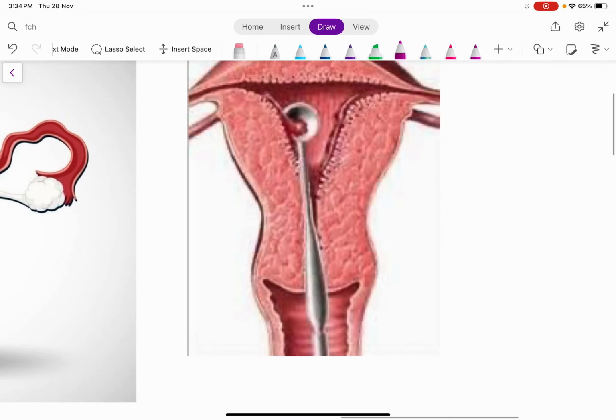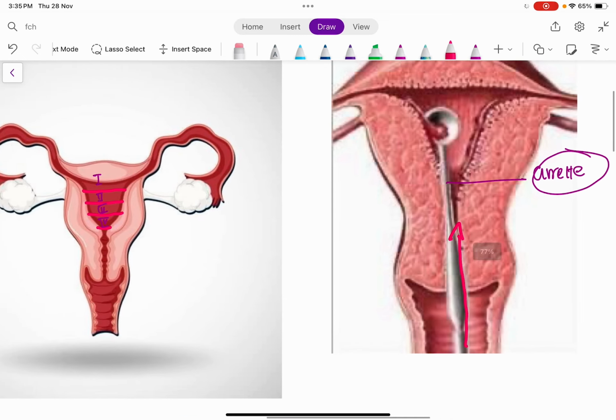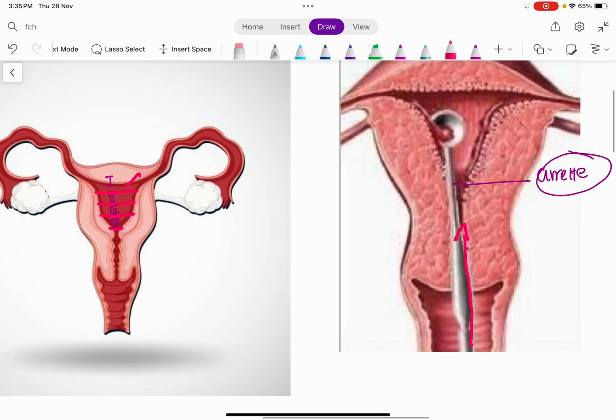With the help of the instrument you see here, the curette, I'm going to introduce the curette inside the vagina of the female, and as you go inside, you are going to scrape the tissue from each of these fractions. We have 4 fractions available here, and you are going to scrape the tissues from each of the fractions of the uterus.